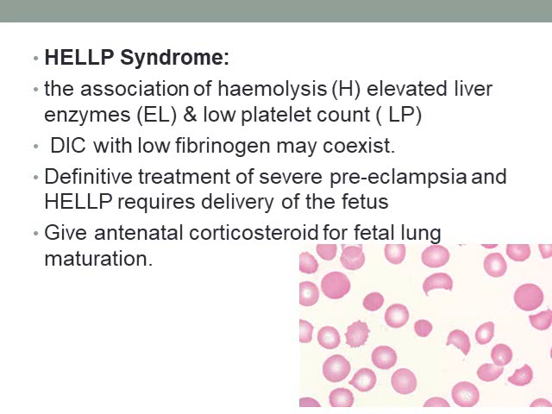When the patient develops such a condition, then definitive treatment will be by termination of her pregnancy even if she is in the prematurity period. طبعا most of them when they develop the HELLP syndrome they develop DIC also, and we find that they have a low fibrinogen level.